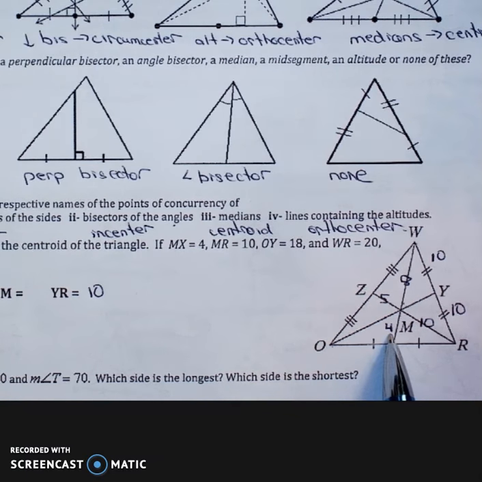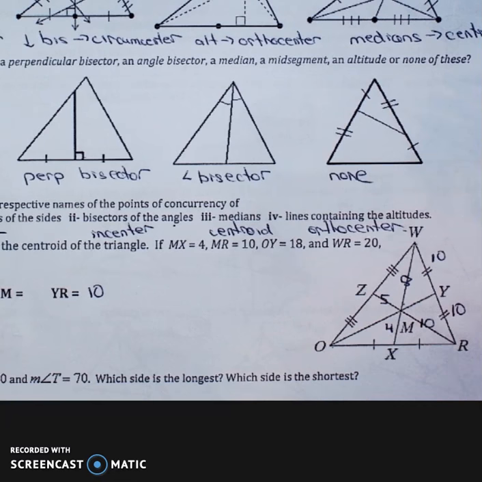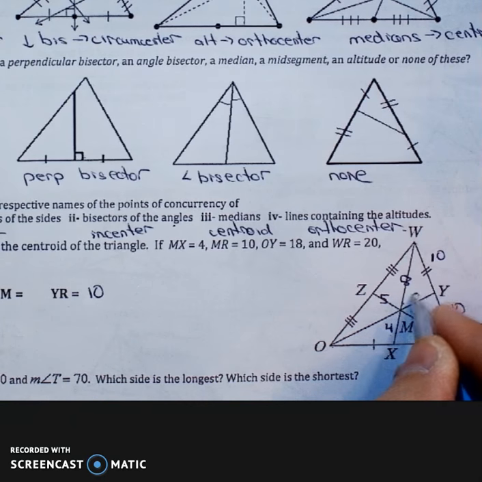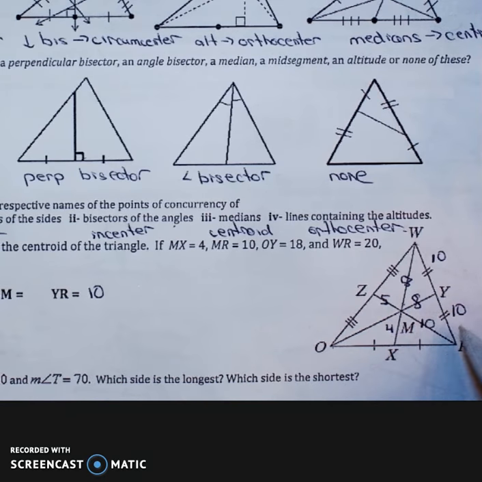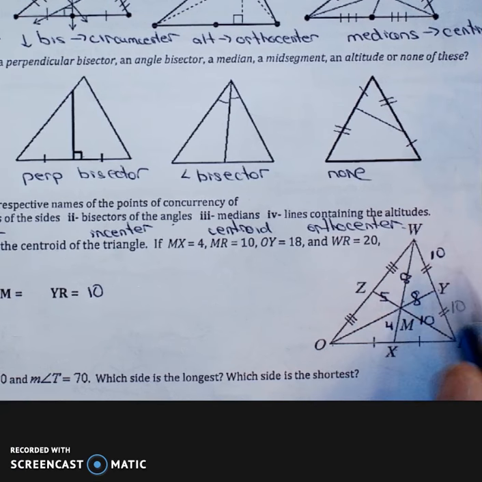Next we need O to M, which was this length in here, which I don't think we figured out. I forgot to label this one right here. Let me go back. M to X is 4. M to R is 10. This is the one I forgot. O to Y is 18.